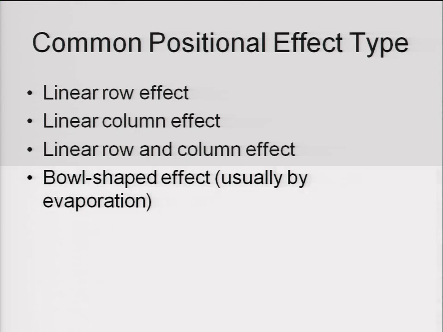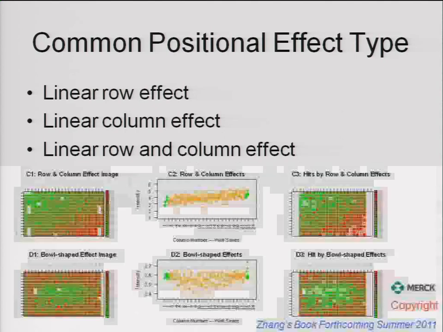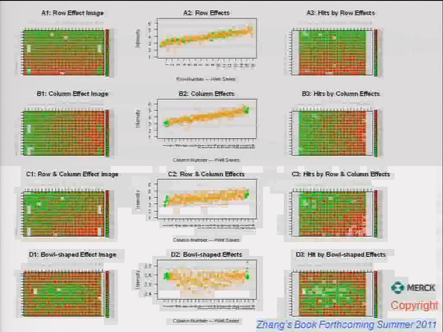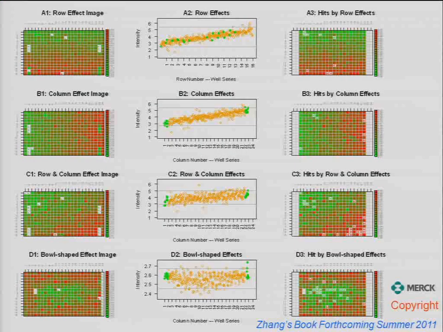These bowl-shaped effects are usually caused by evaporation. And here I show some experiments that have position effects. This is a full plate from a real experiment, and this is another experiment, all from real experiments.